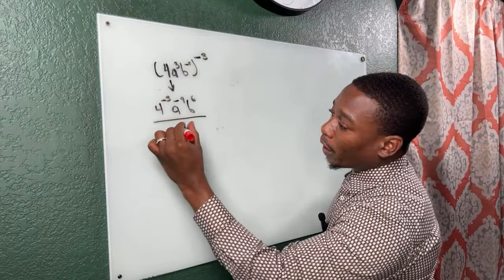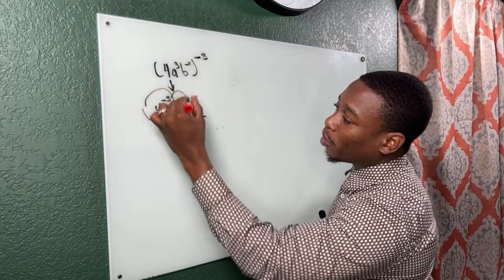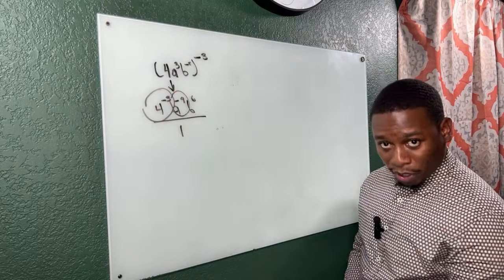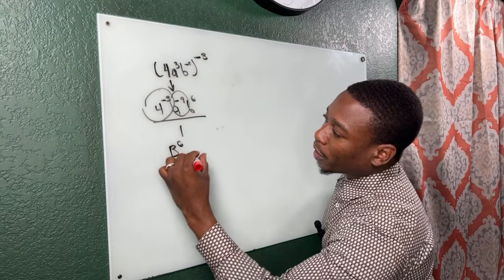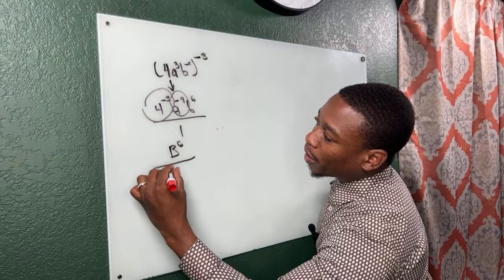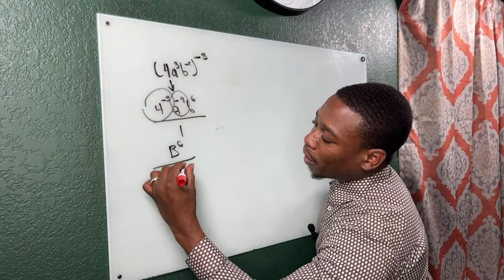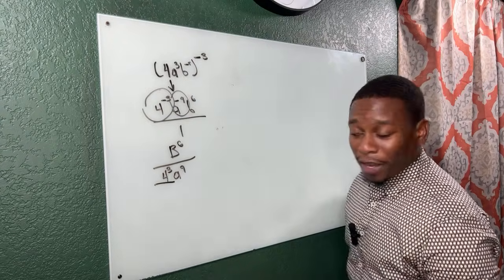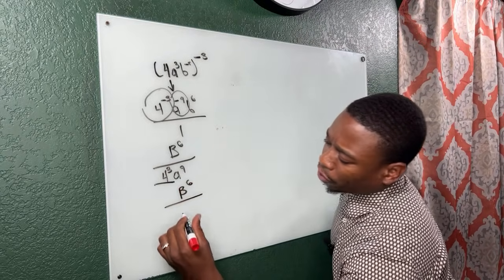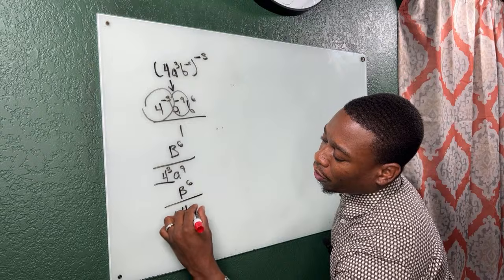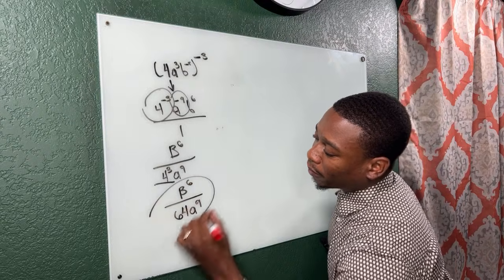Now you know we cannot have negative exponents, so we're going to bring it down to the bottom of the fraction. So now we have b to the 6 all over 4 to the positive third, a to the positive 9. We simplify that, and we have b to the 6 over 64a to the 9th.